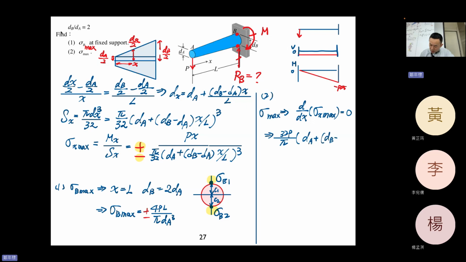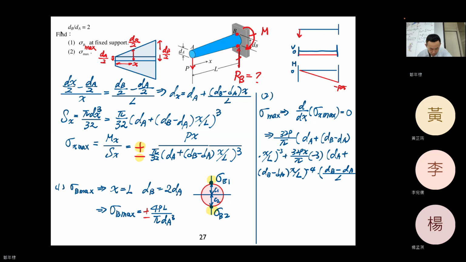d_A plus d_B minus d_A times x over L, times x over L, minus 3 plus 32P x over pi, minus 3 d_A plus d_B minus d_A times x divided by L divided by 2 minus 4 times d_B minus d_A divided by L. Wow, very crowded.